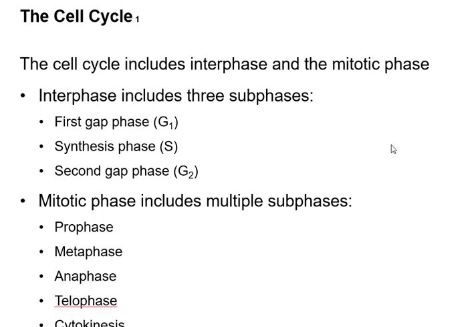So a memory device will help you remember. Most of you learned Roy G. Biv for the colors of the rainbow. So you've been introduced to mnemonics before. But if you can remember IPMAT, I-P-M-A-T, then that'll help you a lot.